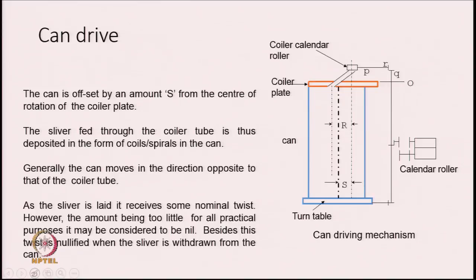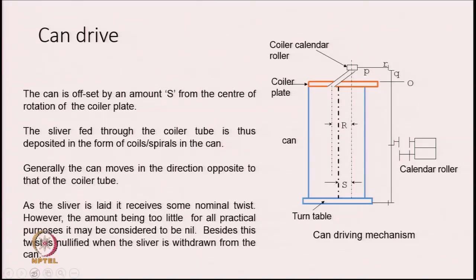We will discuss now the drive part of the can. A little interesting point here, which we will see now. This is a very simple diagram of the can driving mechanism.